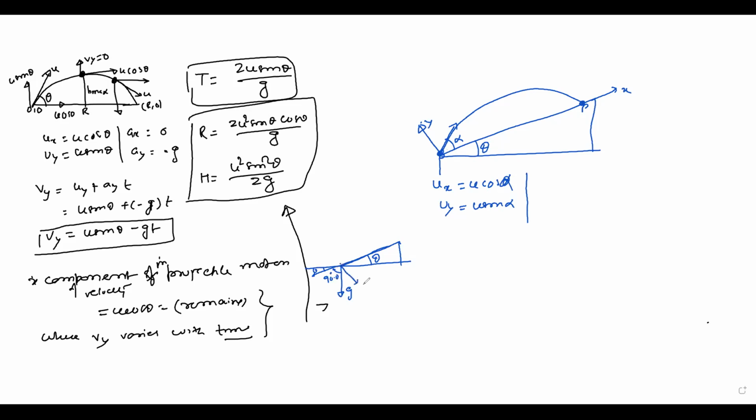So this is g, this is g cos theta, and this is g sin theta. You can break up using the trigonometrical rule. So acceleration in x direction is minus g sin theta, and acceleration in y direction is minus g cos theta. Why? Because this direction I'm considering as positive, then this direction will be negative.